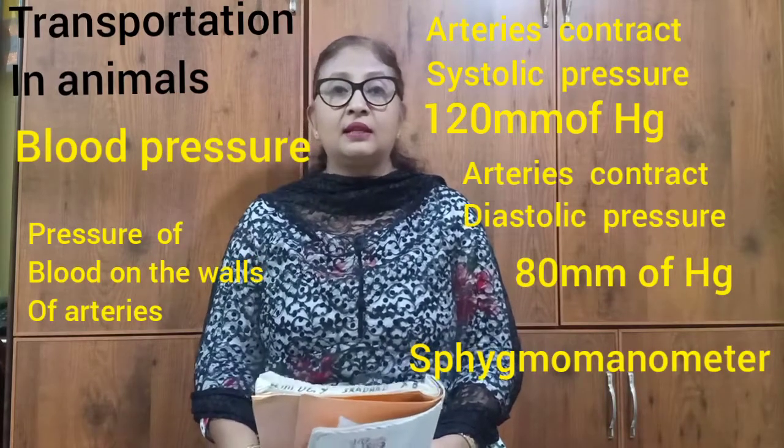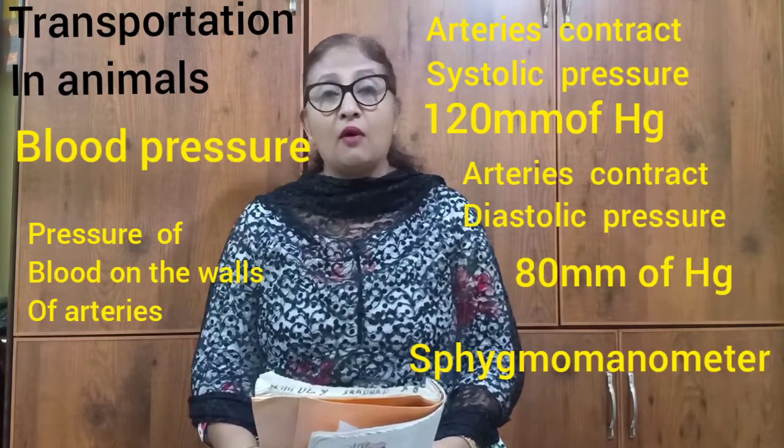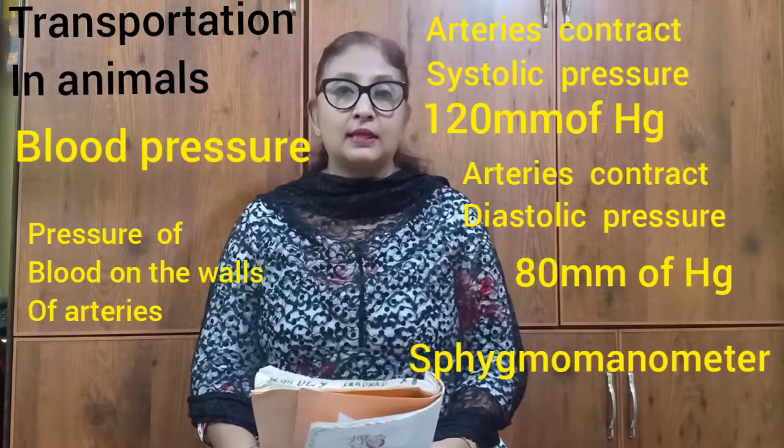This may result in the rupture of the blood vessels. So hypertension is quite dangerous, and if we have that, we should immediately meet our physician and take medicines for that.